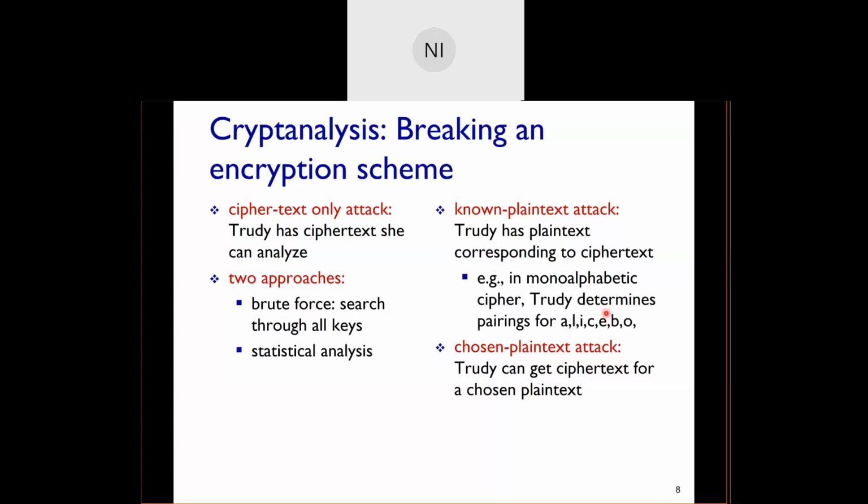So in the case of a known plaintext attack, for a certain set of words, they already know the plaintext and ciphertext mapping. But in the third case, you can try any number of plaintexts and generate the ciphertext.